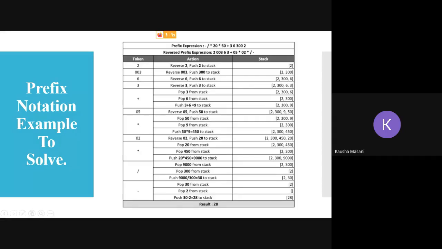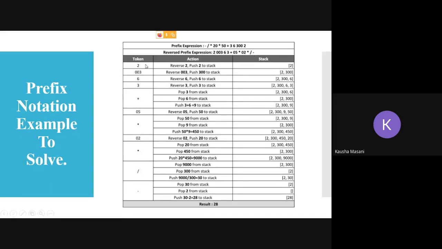Reversing the prefix expression from right hand side to left hand side: 2, then 003, because it was 300 and from right hand side they were coming across the character 0, so 003, then 6, 3 plus 0, 5 star 0, 2 star divided minus.